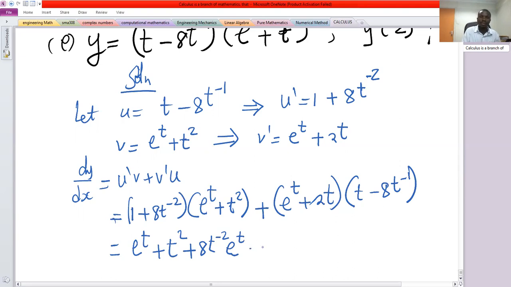So this is just 8, plus t e raised to power t, and then minus 8 t to the minus 1 e raised to power t, and then plus 2 t squared. 1 plus minus 1 is 0, t to the power 0 is 1, so 2 times minus 8 is minus 16.